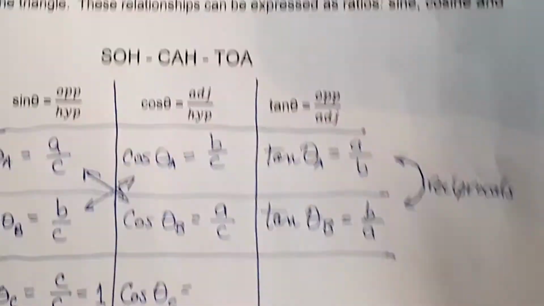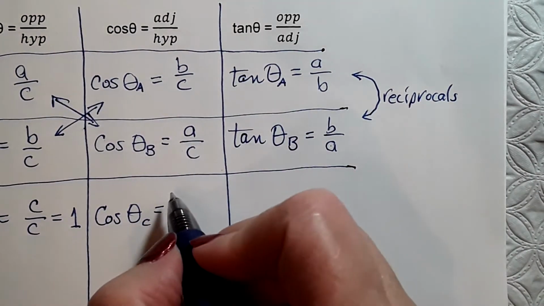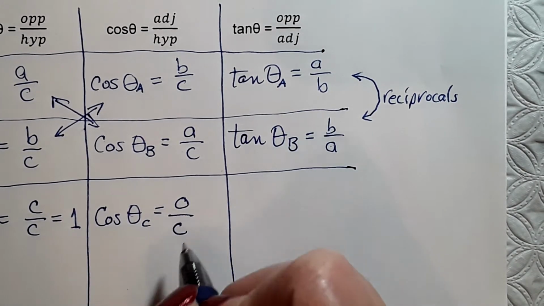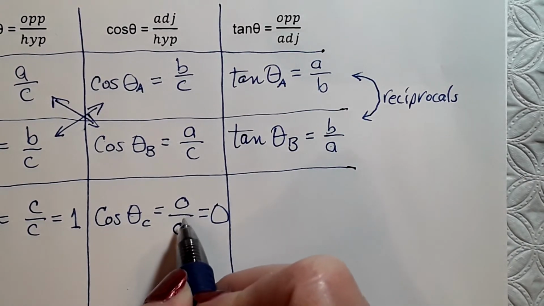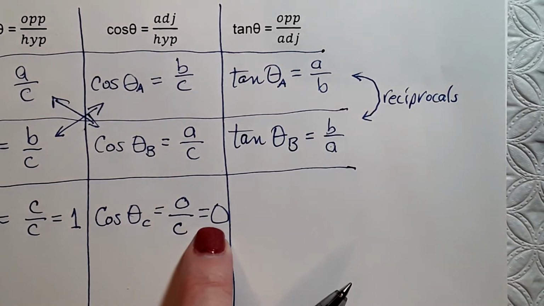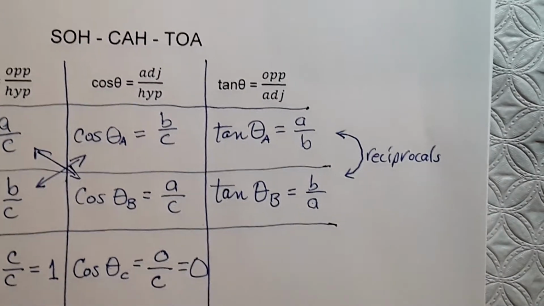And there's no way you can use both of them. And you can't pick one over the other. So basically what we have is 0 over the hypotenuse, which is why any number divided into 0 gives you 0. If you stick 90 degrees into the calculator and hit cosine, you're going to get 0.